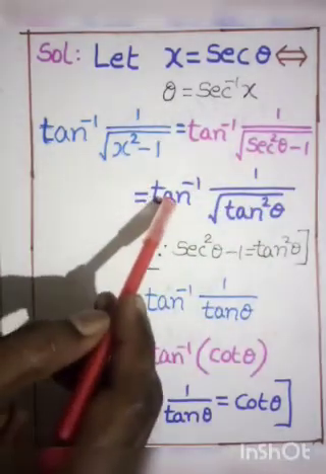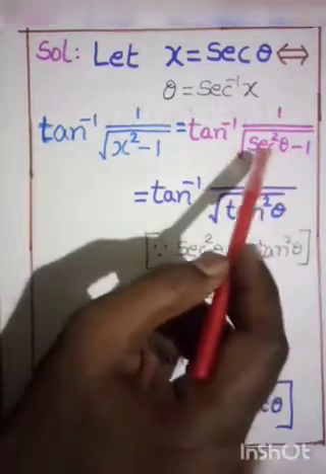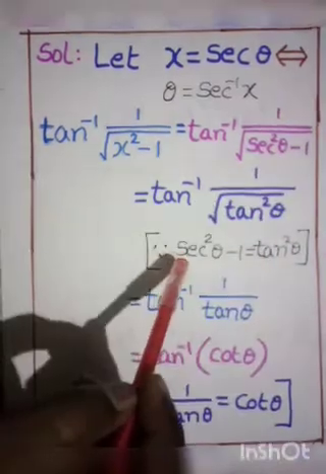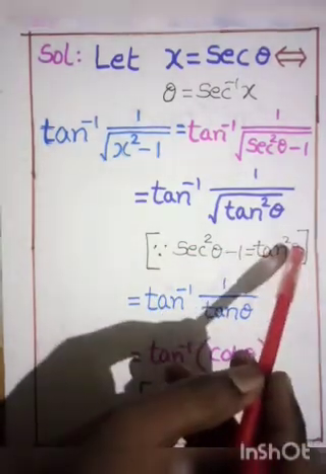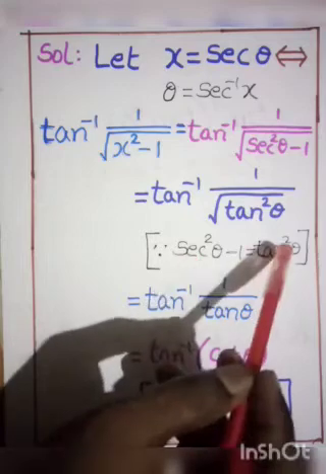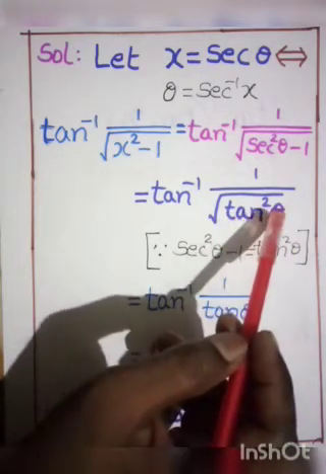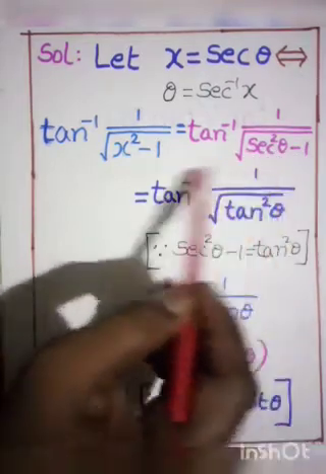That is equal to tan inverse of 1 by square root of secant square theta minus 1. This is a trigonometric identity. What is the trigonometric identity? Secant square theta minus 1 is equal to tan square theta. So we use this identity, and I wrote tan square theta instead of secant square theta minus 1. Understood this step, my dear children?